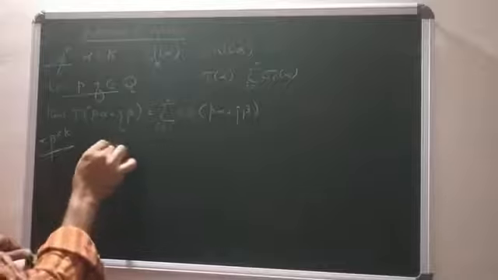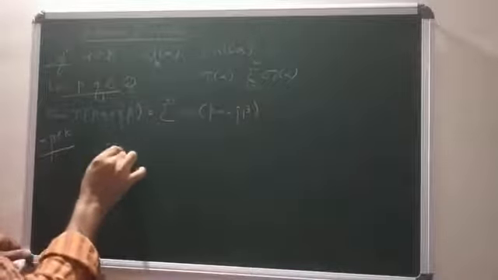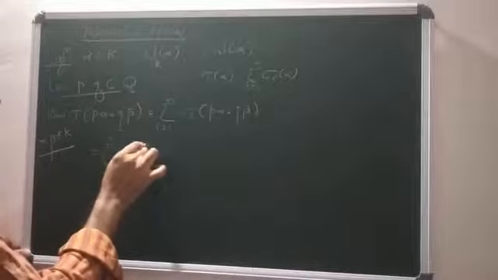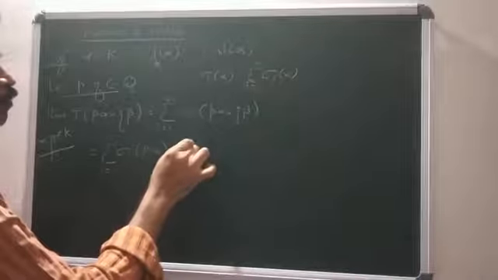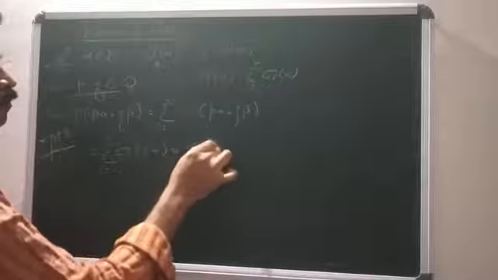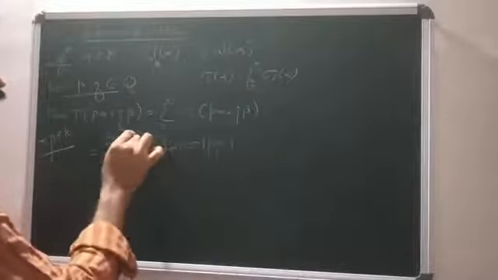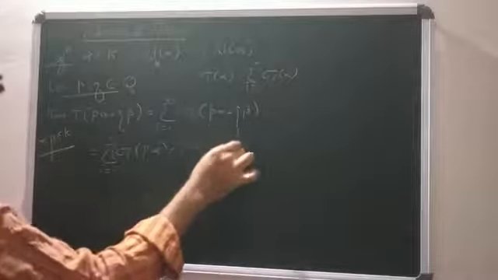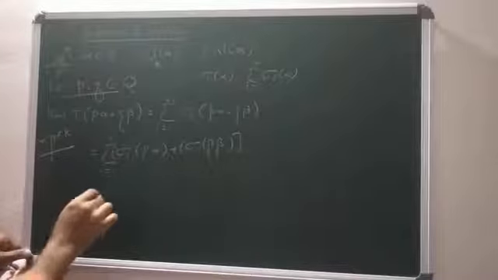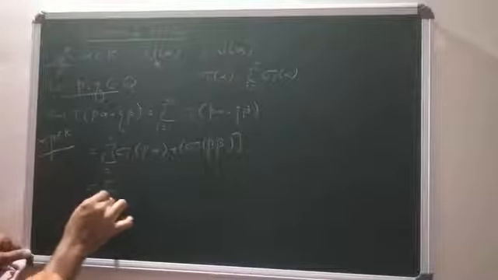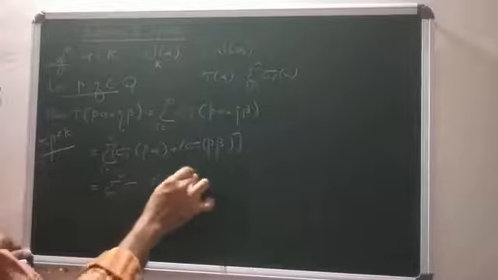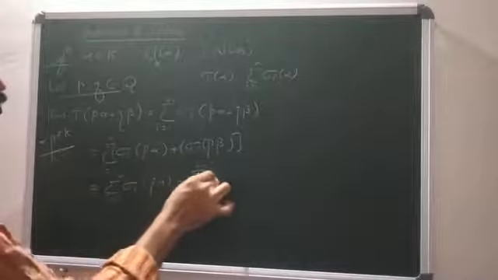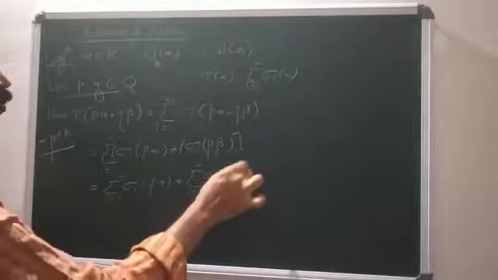That is nothing but the sum, i ranges from 1 to n, of sigma i of p alpha plus sigma i of q beta. That can be rewritten as the sum, i ranges from 1 to n, of sigma i of p alpha plus again the sum, i ranges from 1 to n, of sigma i of q beta.